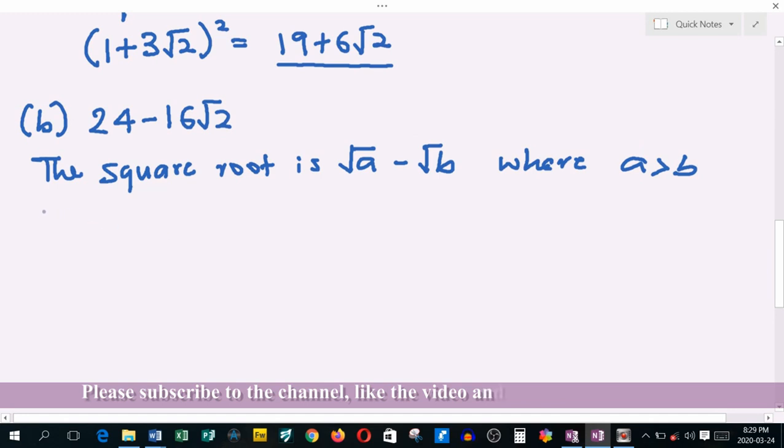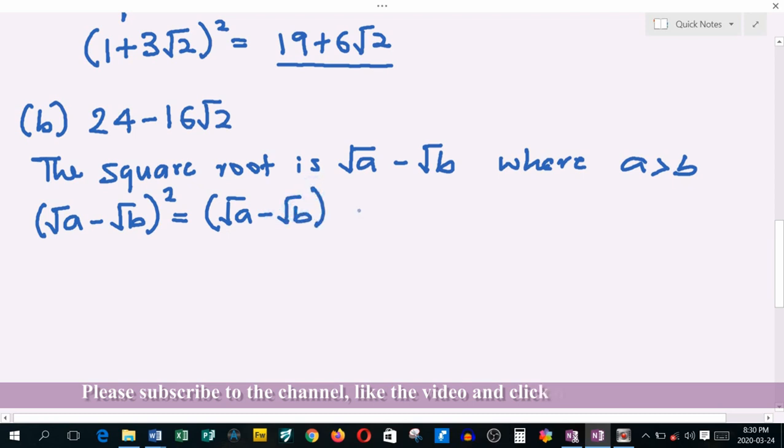So we say root a minus root b squared, which is the same thing as root a minus root b into root a minus root b, must give us 24 minus 16 root 2.